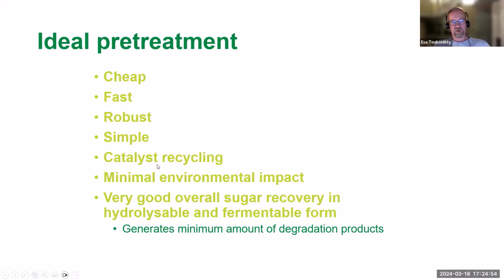If there are catalysts, those would be beneficial if they can be recycled. And very often the pre-treatment, you'll see in the coming slides, is done by acid treatment.